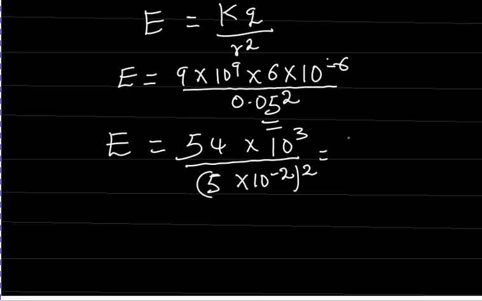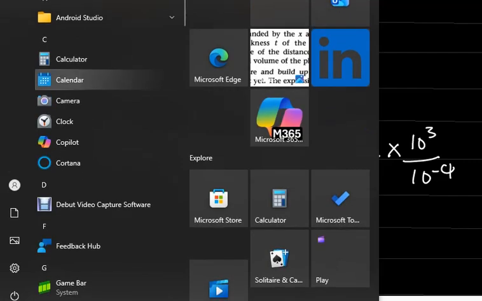So this is going to be 54 divided by 5 squared, which is 25, times, for the powers of 10, 10 raised to the power of 3 divided by 10 raised to the power of minus 4. You can use your calculator to evaluate that, and you are good to go.